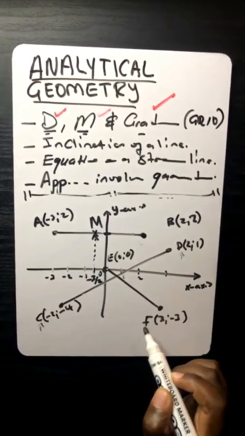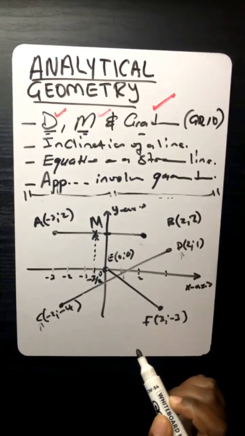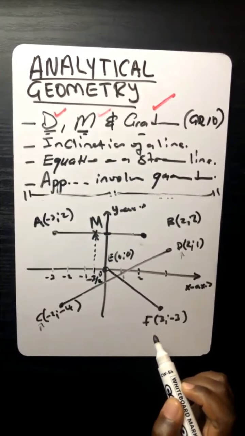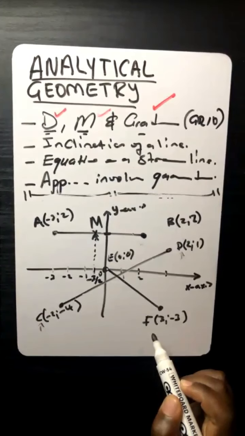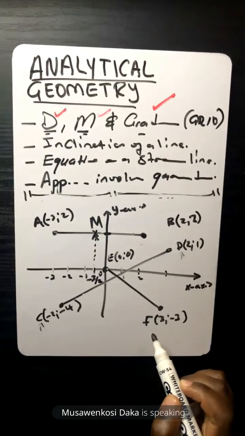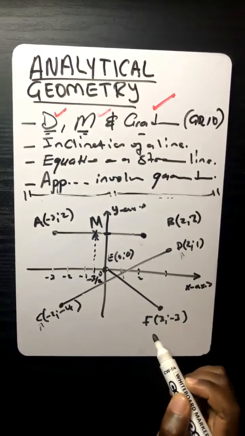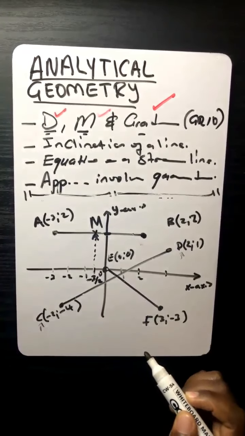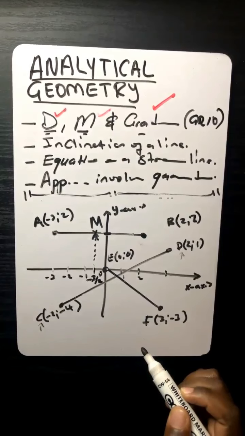Will it be positive or negative? It will be negative, sir. 100%. So we are expecting a negative gradient.